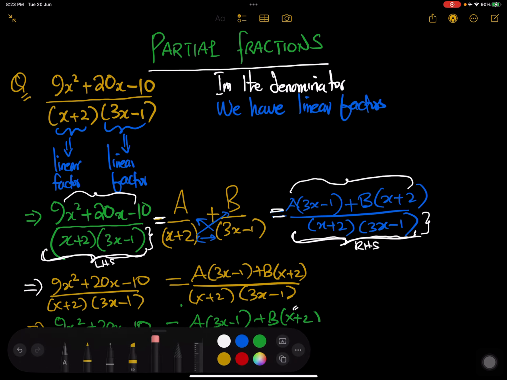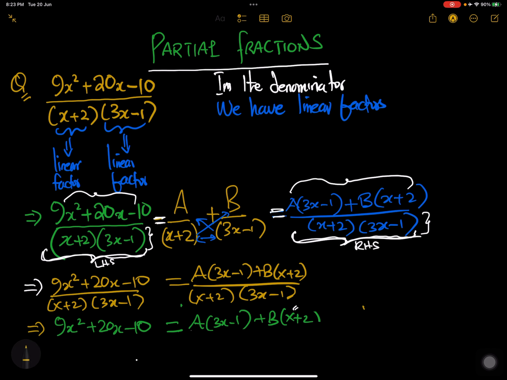So what we can say is that when x is equal to -2, on the left hand side, we're going to get 9 into -2 squared plus 20 into -2 minus 10.